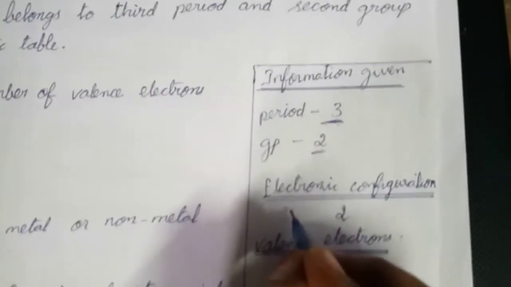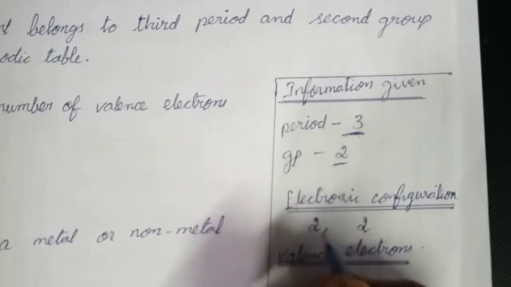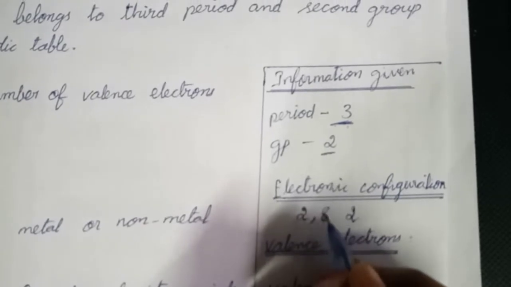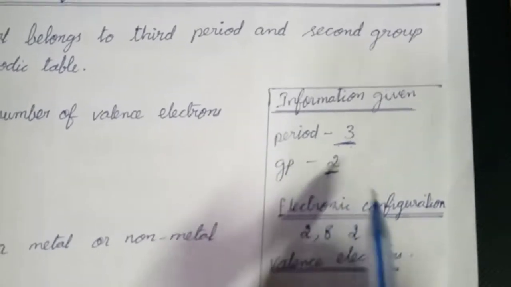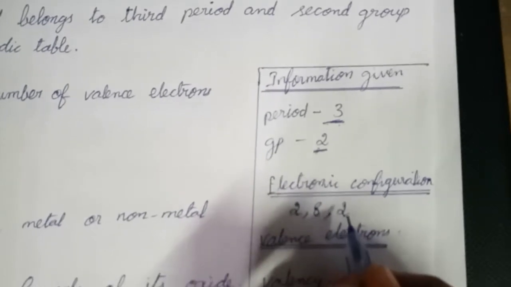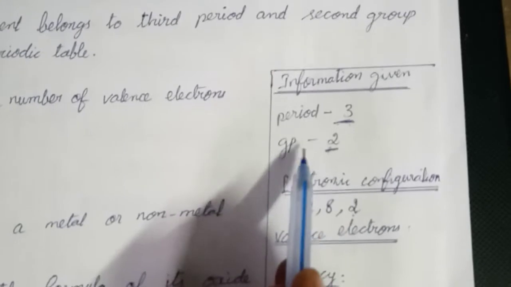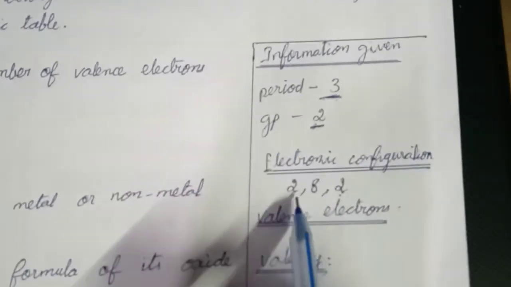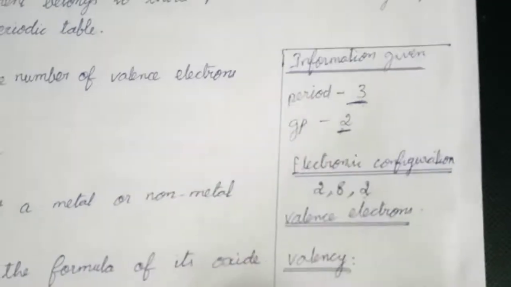How many electrons are in the first shell? 2. In the second shell, 8, and finally it belongs to group 2, so the third shell must contain 2 electrons. So we can write the electronic configuration 2, 8, 2.